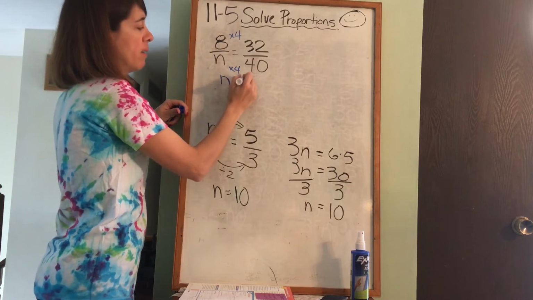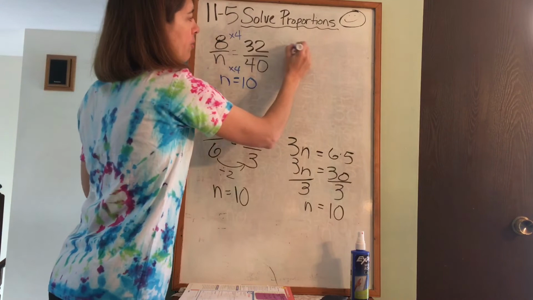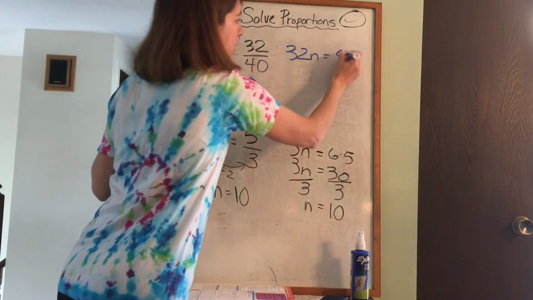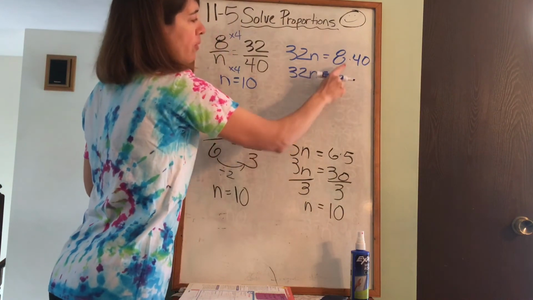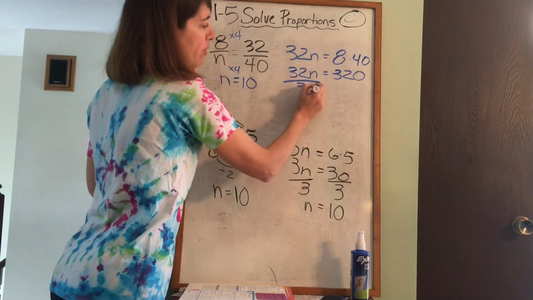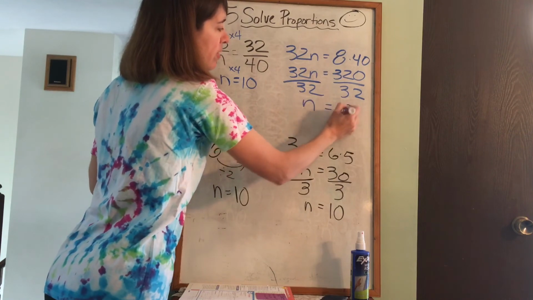That would be 10. Or we can do our cross products. n times 32, that's 32n, equals 8 times 40. 32n equals 320. Divide both sides by 32, n equals 10.